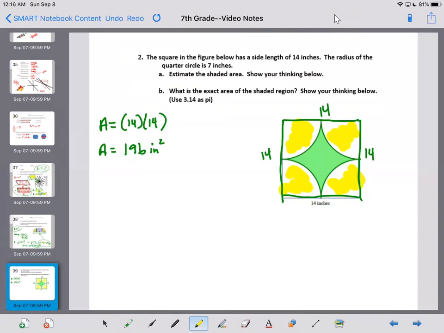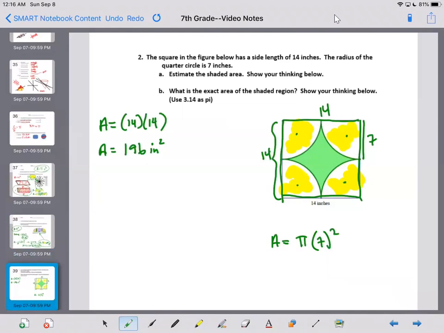All right, so what do we know? Well, we know that if this side is 14, then we know that the radius is 7. And since the radius is 7, we know that area equals pi times the radius squared. But this would be 1/4, 1/4, 1/4, 1/4. So we have one whole circle.